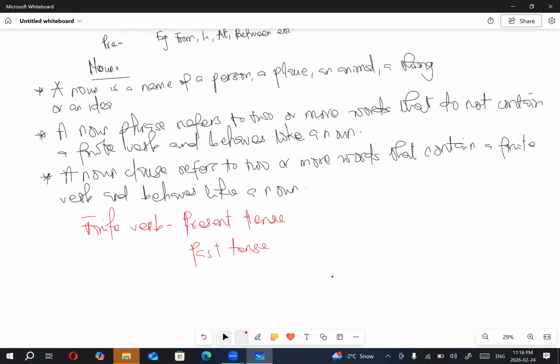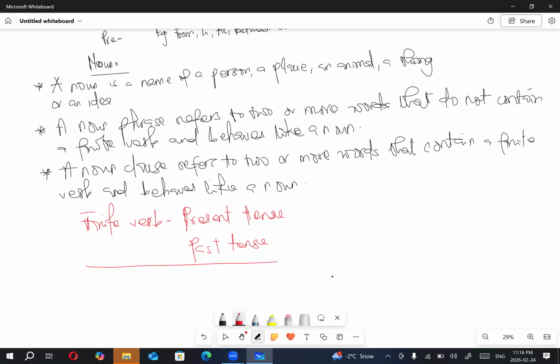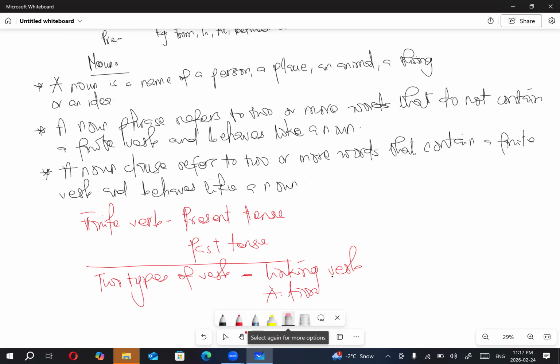And before we even look at the example, understand that there'll be two types of verbs we'll be considering here. We'll be considering the linking verbs. This is why I said we'll talk about verbs. Linking verb, and then I want us to look at action verb. So these are the two kinds of verbs I want us to discuss. Linking verb or what? And action what?